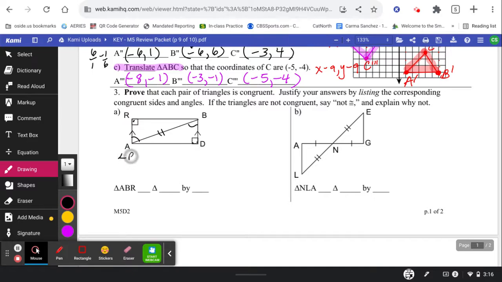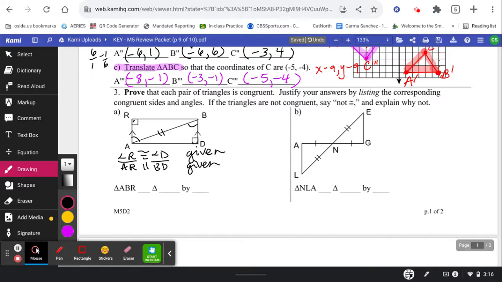So we can say that angle R is congruent to angle D because it was given in the image. We can say that AR is parallel to BD because it was given in the image.